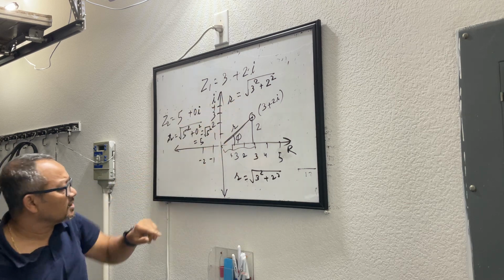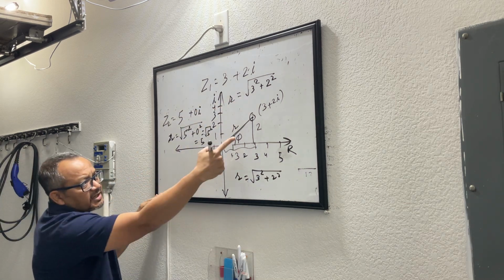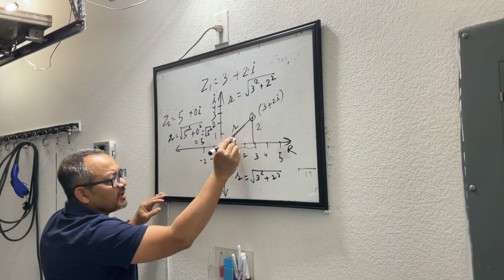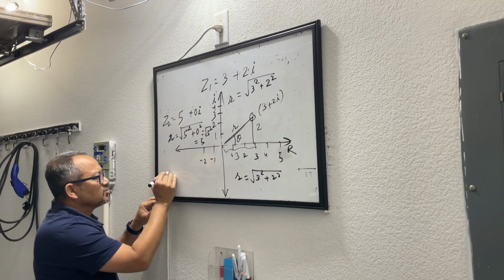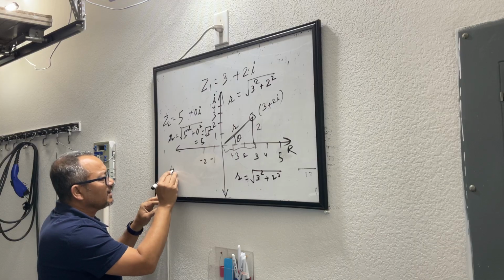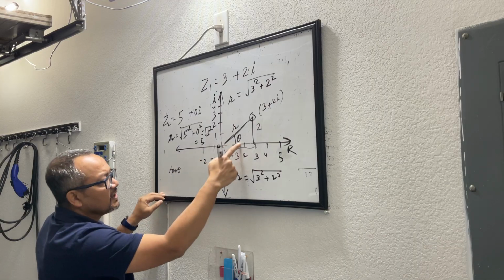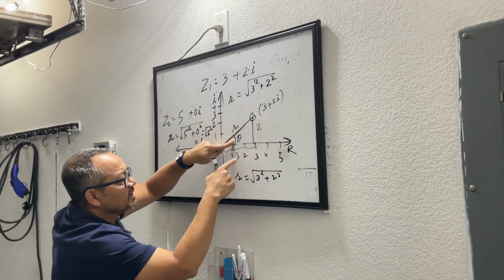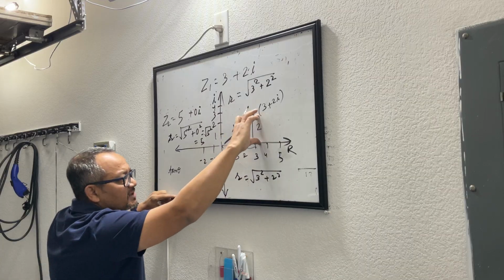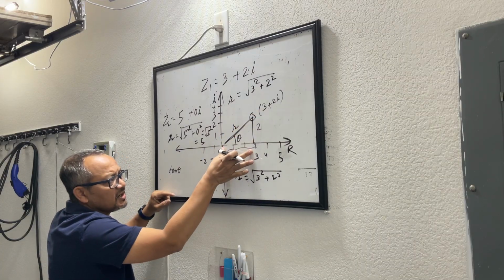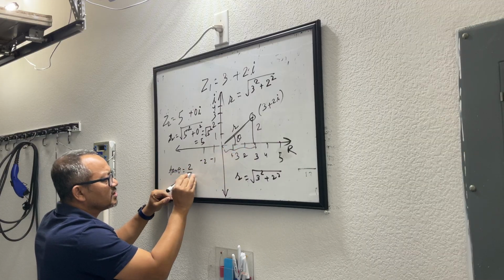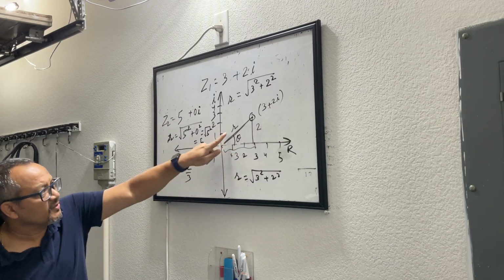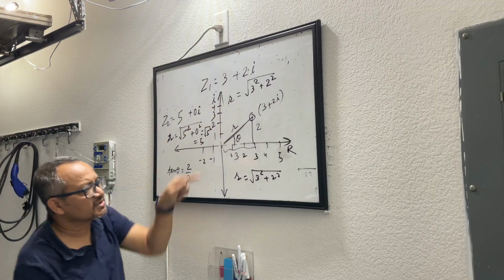And what is the angle? Let me not say phi, I will say theta. That's easy to pronounce. Here in this case, tan of theta will be this divided by this, the imaginary component divided by the real component, 2 over 3.